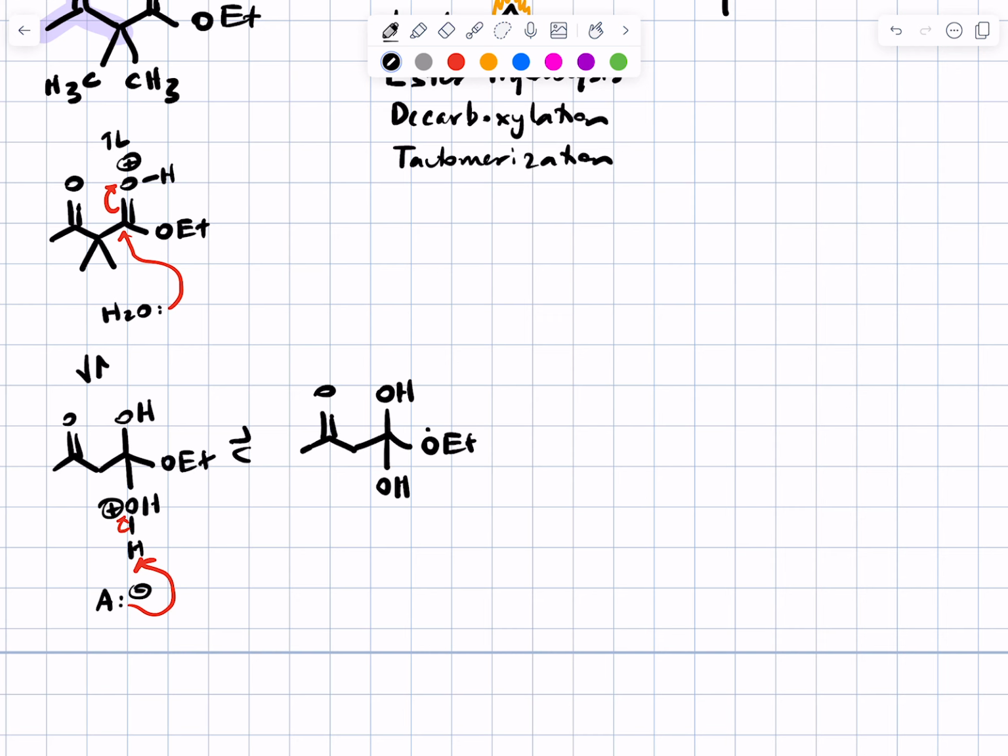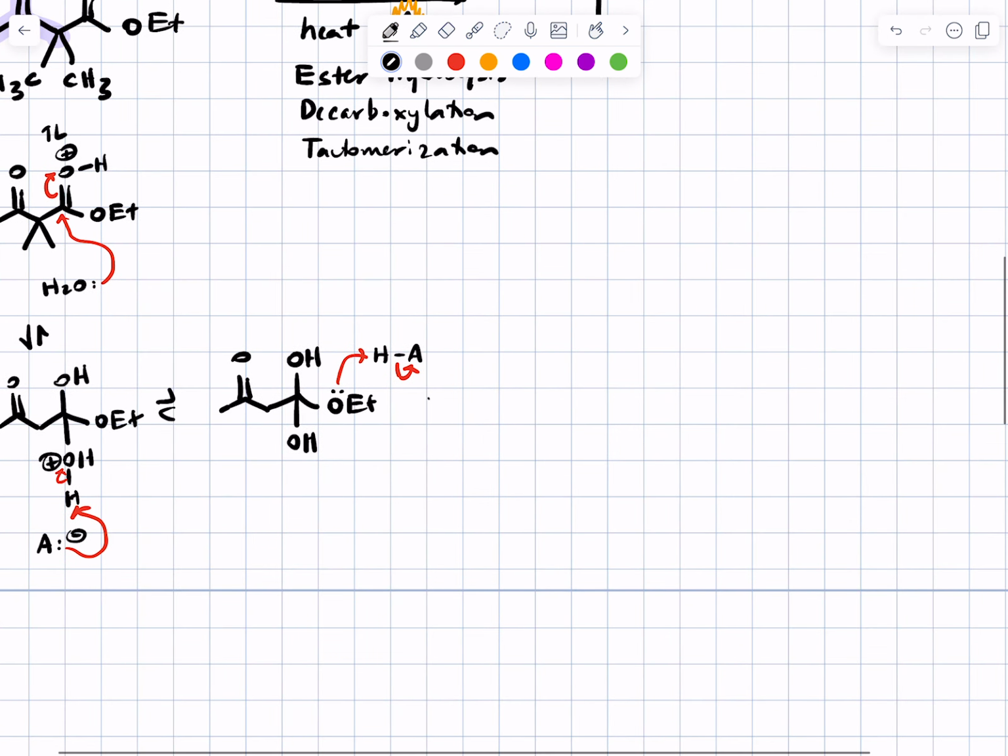Okay, now we've got this neutral intermediate. We're going to protonate the ethoxy group, thereby turning it into a good leaving group.